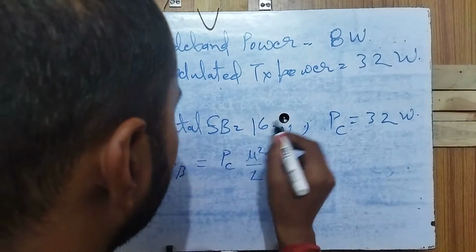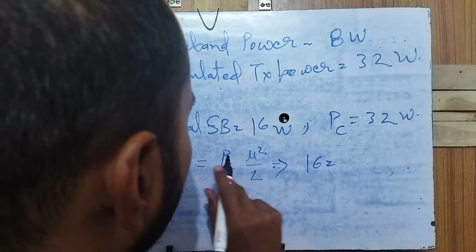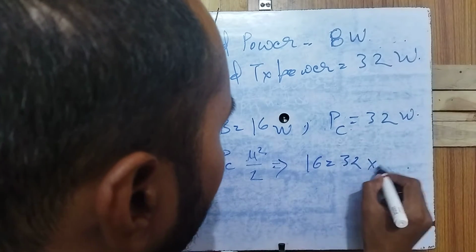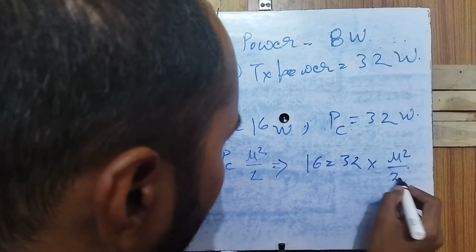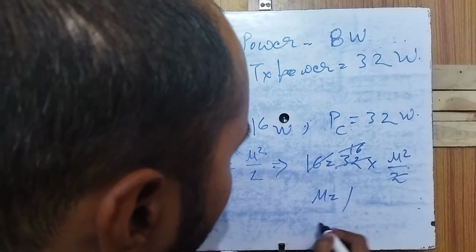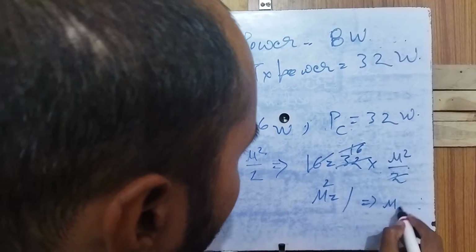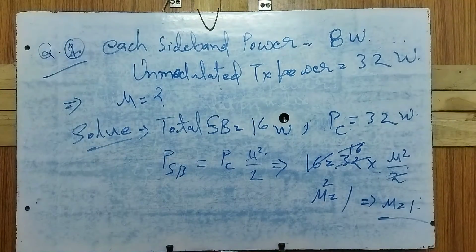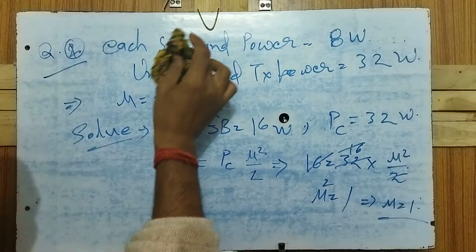So PSB is 16, PC is 32 into mu square by 2. 2 16s are 32, so mu square is 1, mu is equal to 1. Right. So it was question number 2.